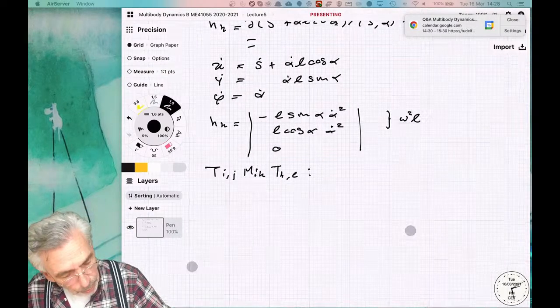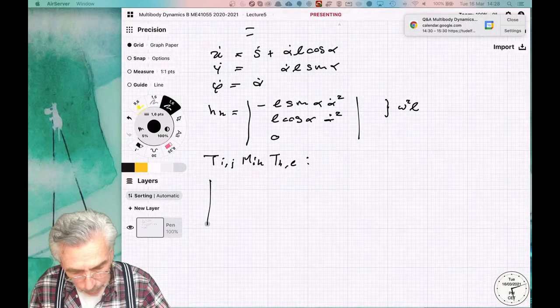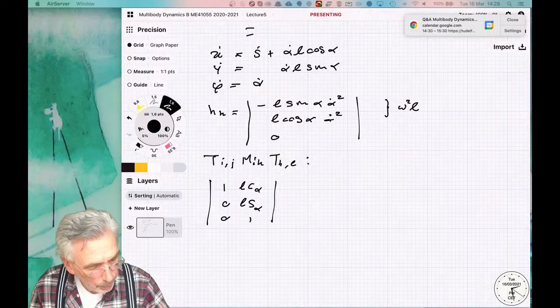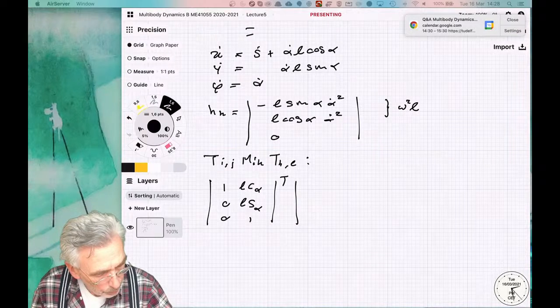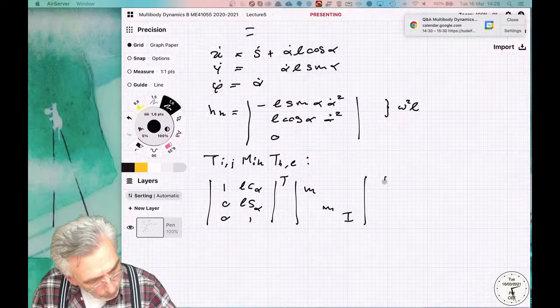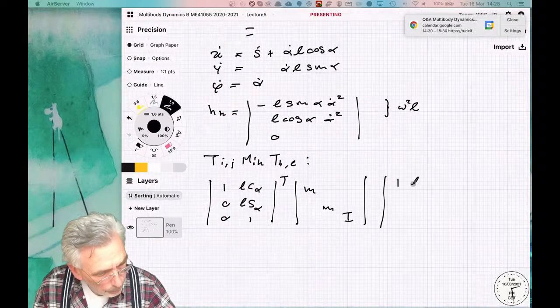And let's repeat that then again. So we write this transformation matrix: 1, L cosine alpha, 0, L sine alpha, 0, 1, and then we have to take the transformation times M_ij. And yes, I take the long ride by doing this by hand to show you really what the work is about.